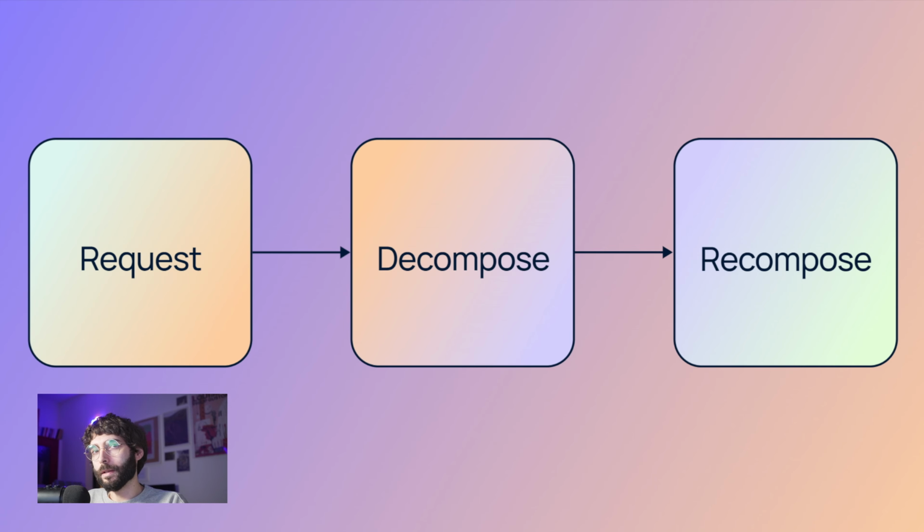And it all ends with a recompose phase where all these tiny bits are mashed all together in one giant pipeline. Throughout this process, I might be on my own, I might have a support team, there might be other people involved, but at its core, request, decompose, and recompose is always what happens.